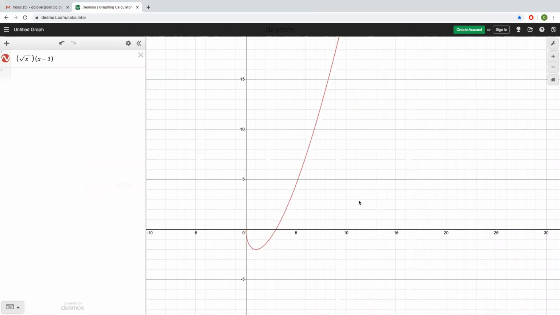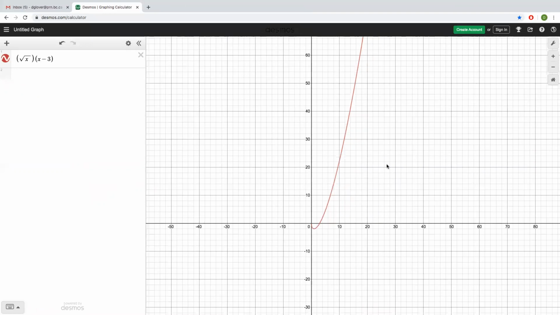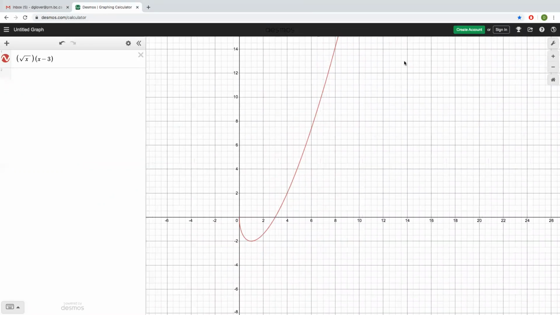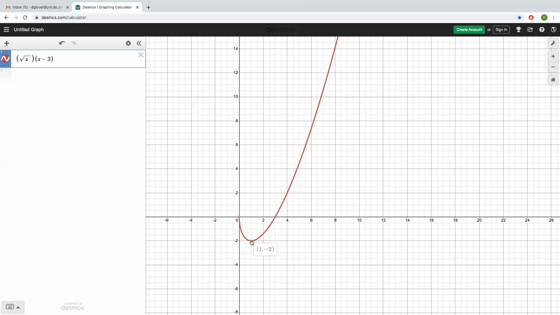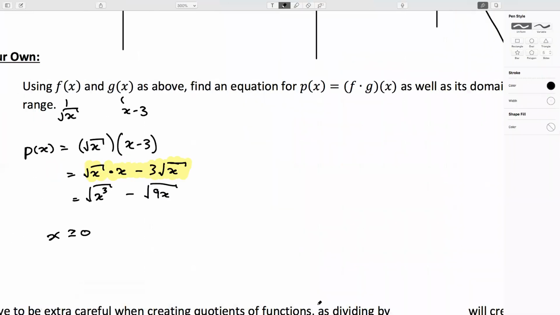We can zoom out and it just continues going on. So it's like half of a parabola, but it looks a little wonky at the bottom. It does have a minimum value, and that minimum value is -2. So y is going to be anything bigger than that. So if we go back, we now know what the graph looks like.